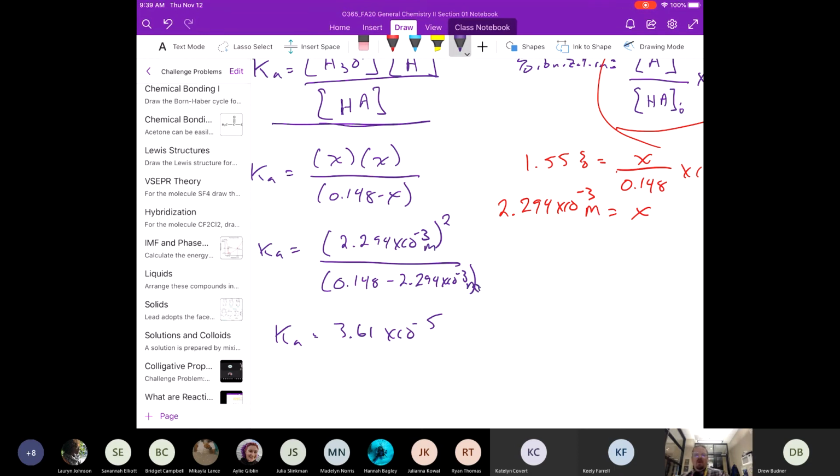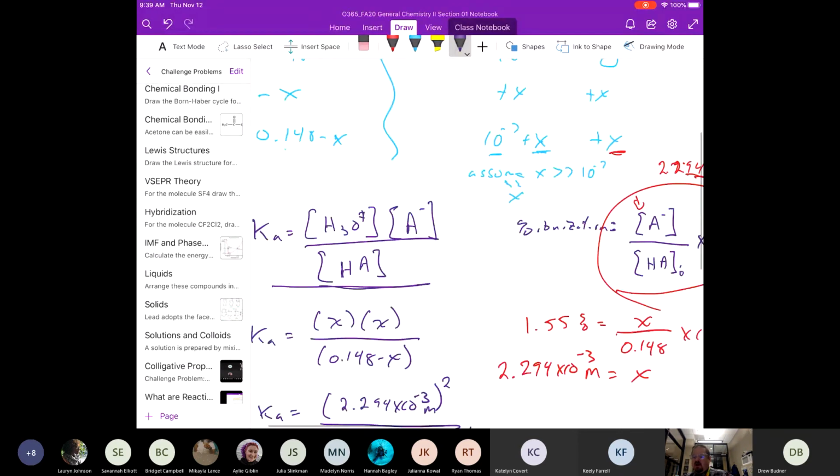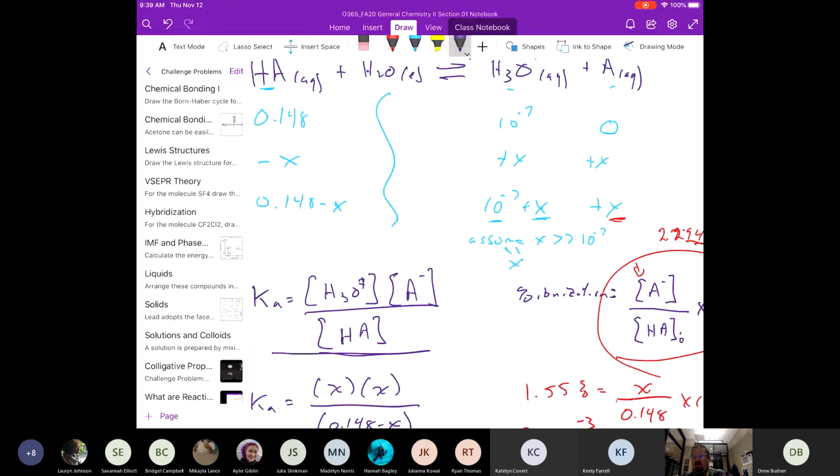Questions on that? The reason I showed this assumption here is that most of the time, this value we are going to assume to be 0. The reason I showed it today is, one, I want you to be aware that if x becomes very small, this autoionization of water becomes important.